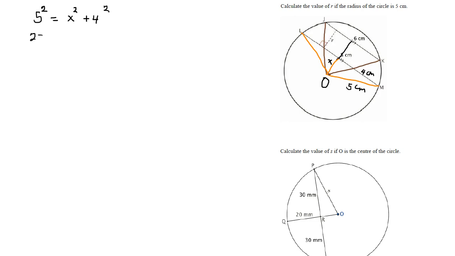Then 25 is equal to x squared plus 16. If we subtract 16 from both sides of the equation, then x squared is equal to 9. Taking the square root of both sides, x is equal to 3.